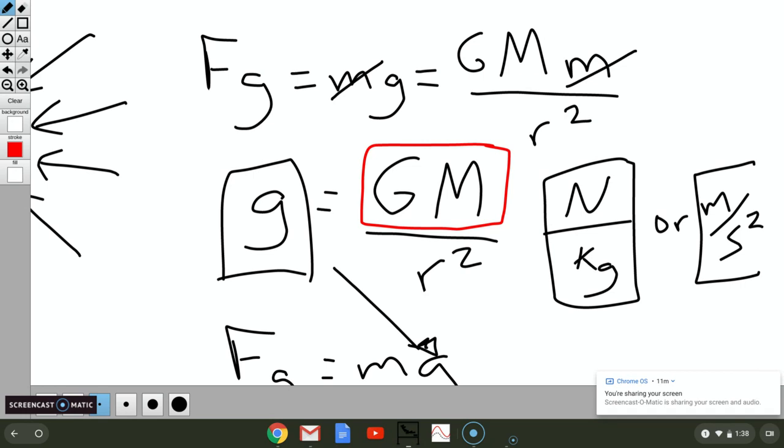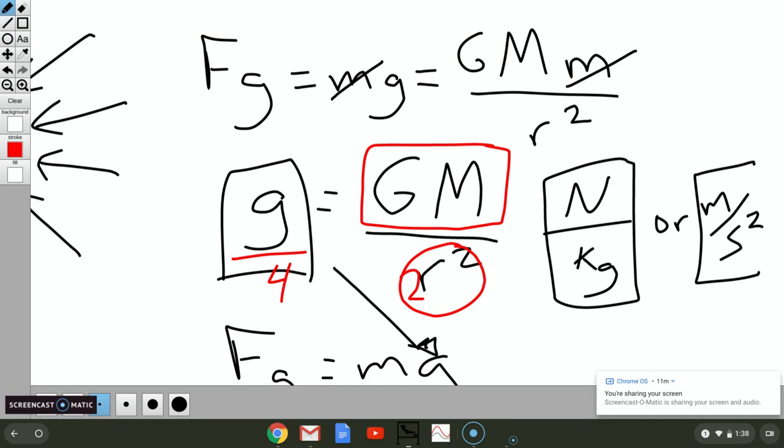The mass of whatever object is creating the field is not going to change. So let's say that's the Earth. That's not going to change. What will change is your location within that field. But you notice it's the exact same relationship I was showing earlier. So if you double the radius, what do you do to the gravitational field strength? Well, you divide by 4. The same exact relationship as we had before.